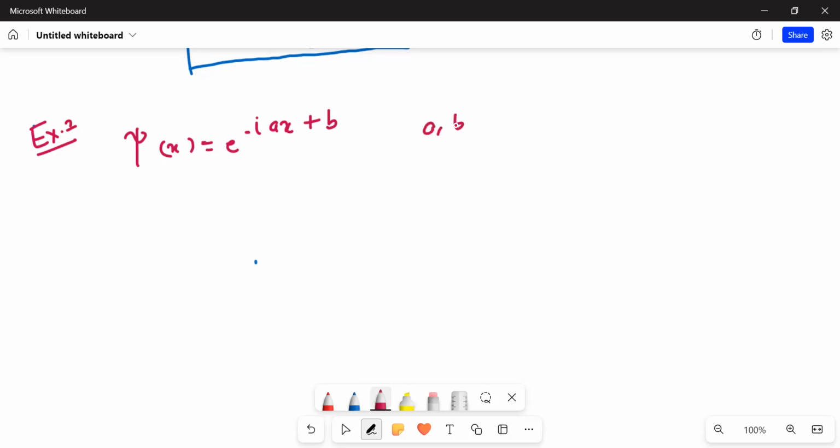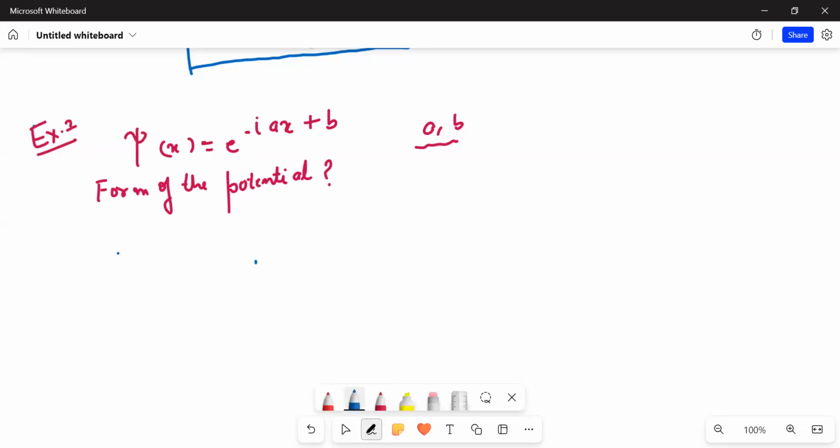And we just want to know the form of the potential. We want to know the form of the potential here.